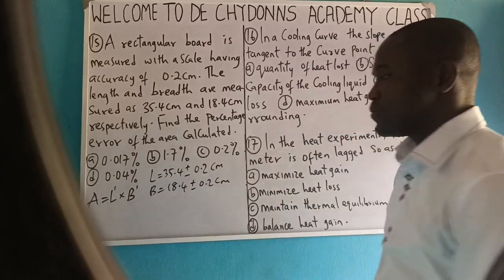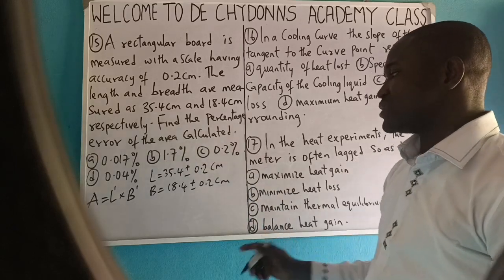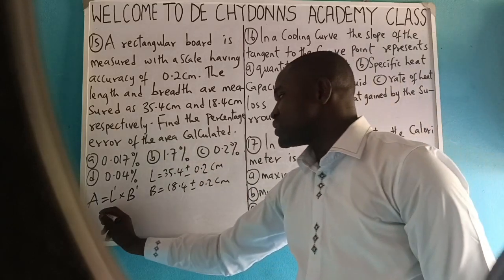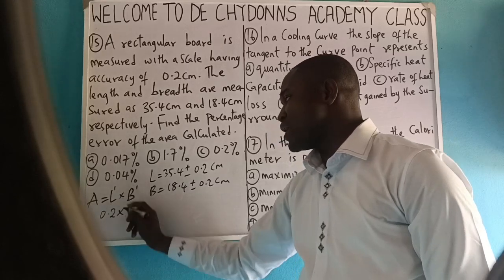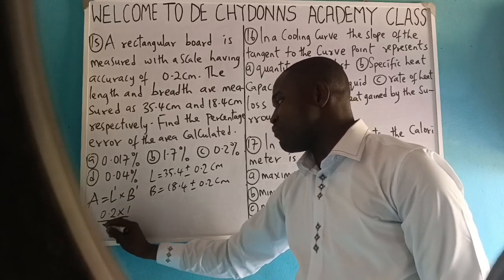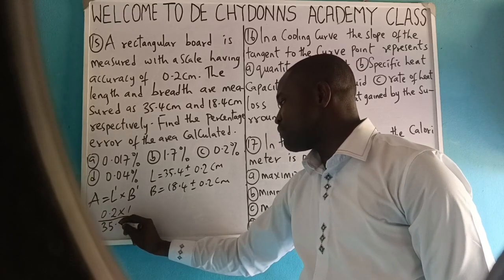1, 1. Now, to find the percentage error of the area calculated, for the length, you will say 0.2 times the power, which is 1, all over what? 35.4.